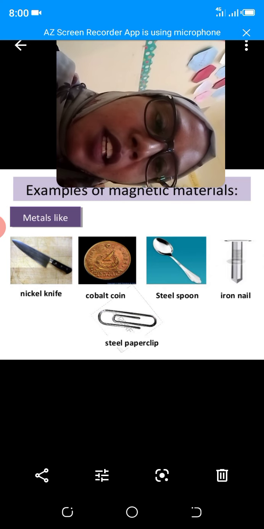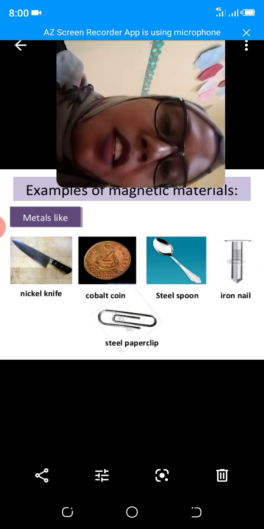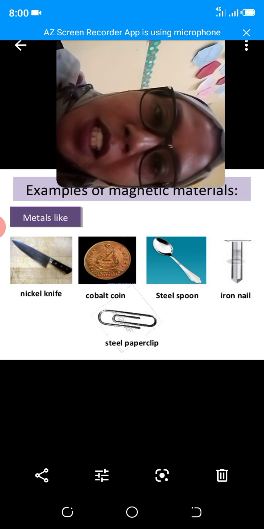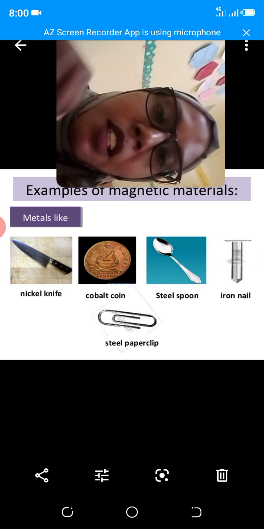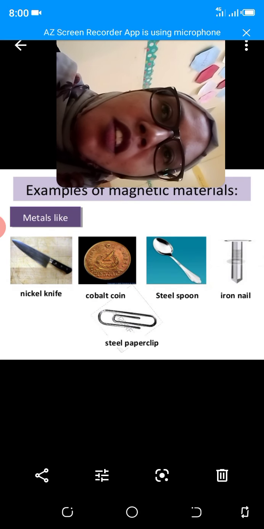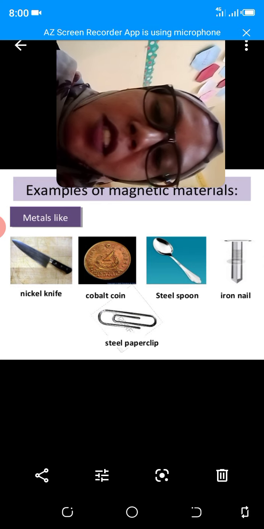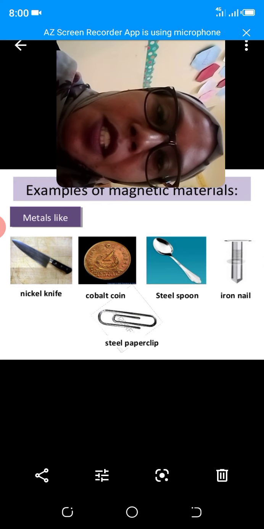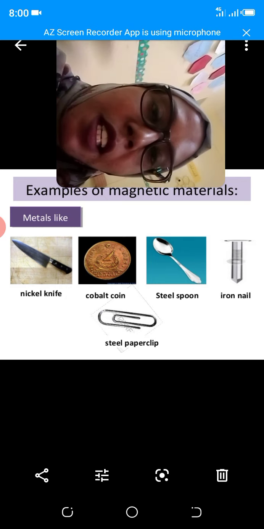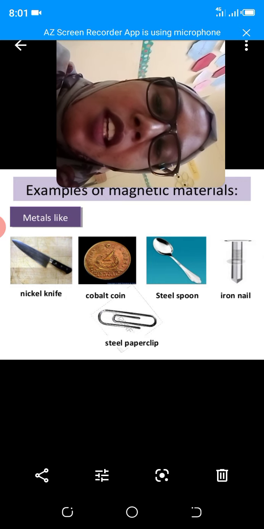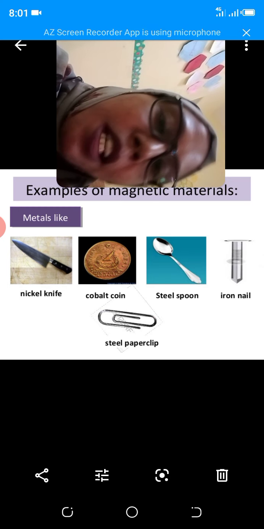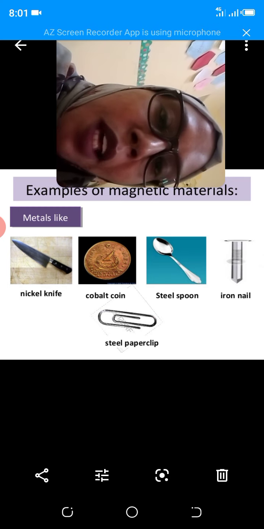Most metals are magnetic material, but we also find metals that are not magnetic material, just like steel and aluminium. Copper also is not magnetic material, it cannot be attracted by the magnet.